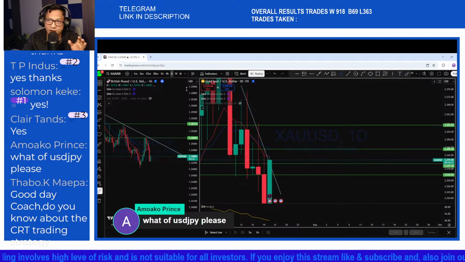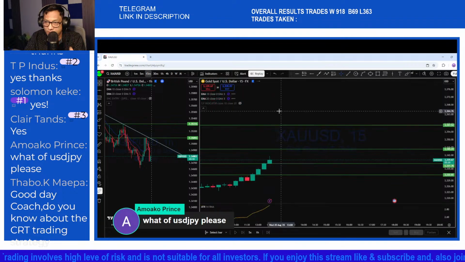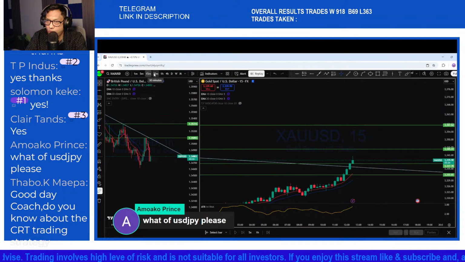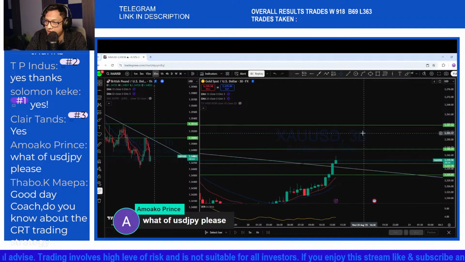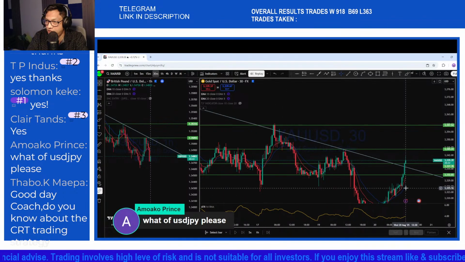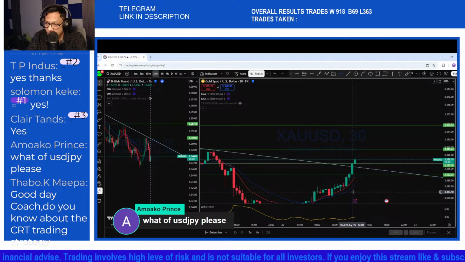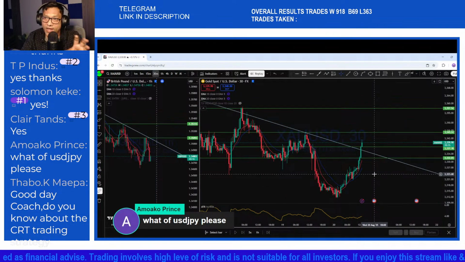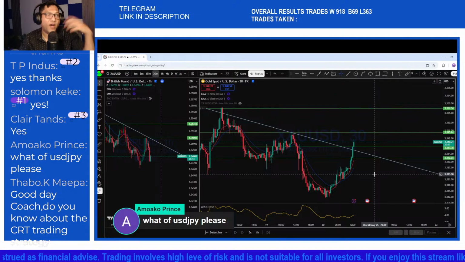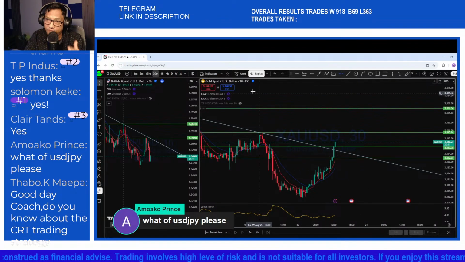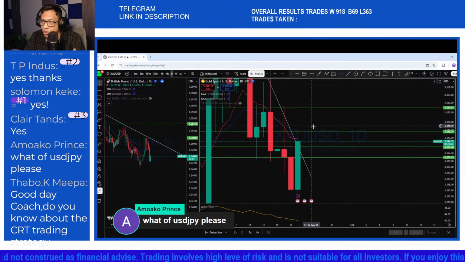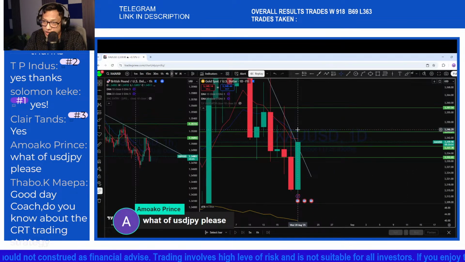Now, the previous daily high is very important because this is where we could see the market potentially reject. If this is a stronger bullish impulse, we can expect the market to be overextended further. So that's what we need to look at here, how the market is going to react.